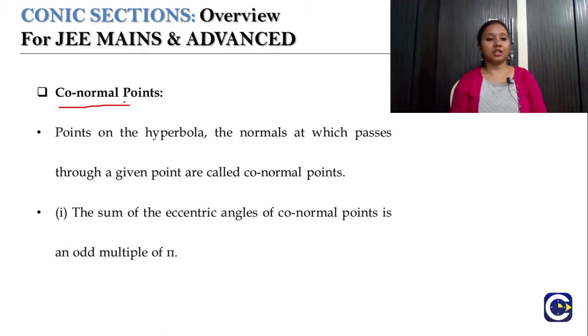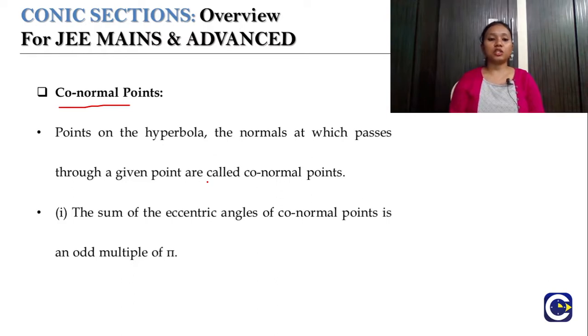So points on the hyperbola, the normals at which pass through a given point, are called conormal points. These will be points on the hyperbola where the normals pass through that particular point.